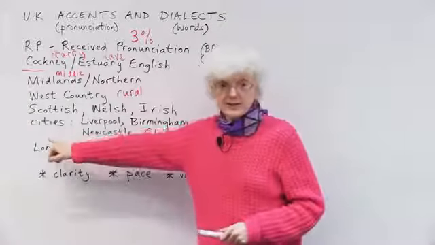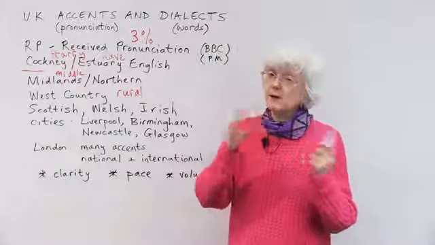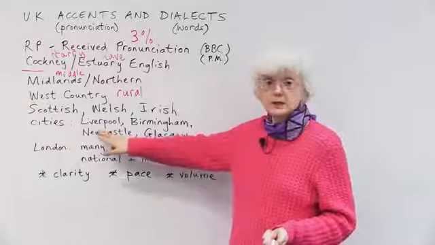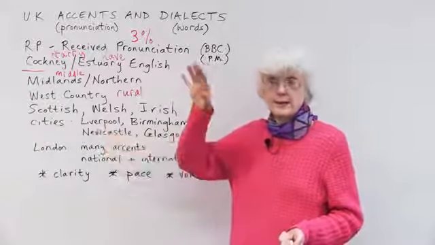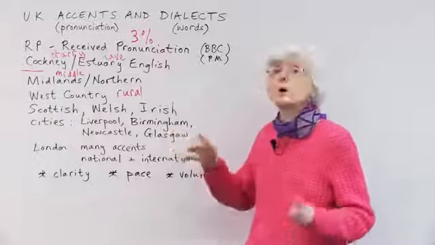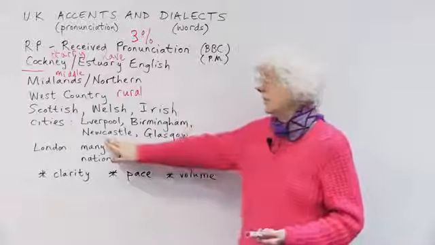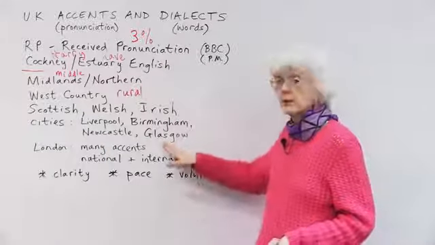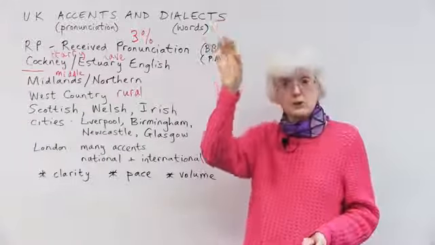There are various cities which have their own distinct accents. Places like Liverpool, which is up in the northwest, Birmingham, which is in the West Midlands, Newcastle, which is in the northeast, and Glasgow up in Scotland.